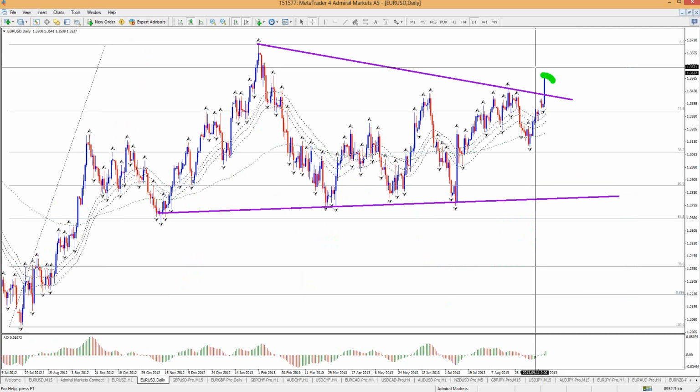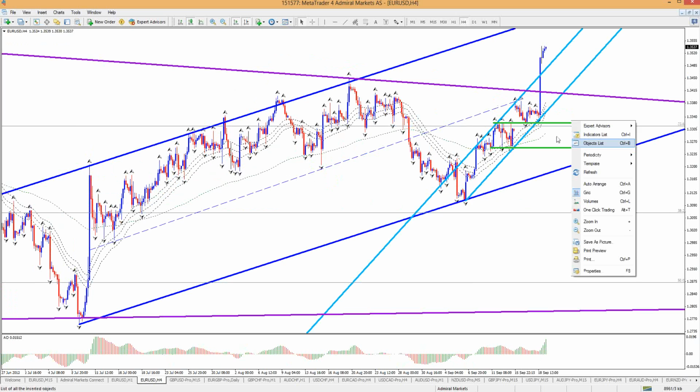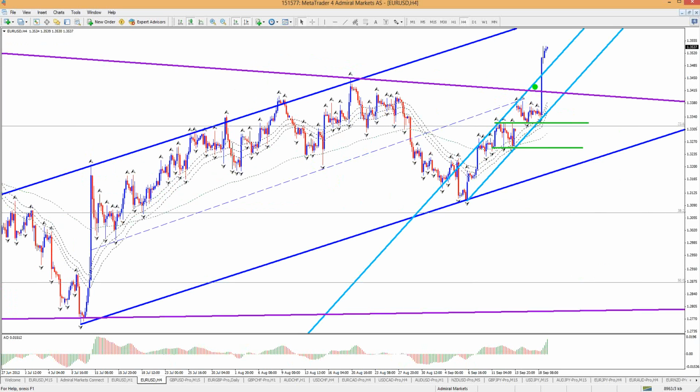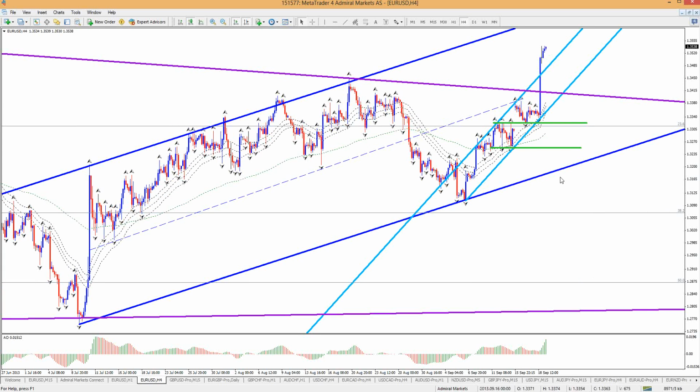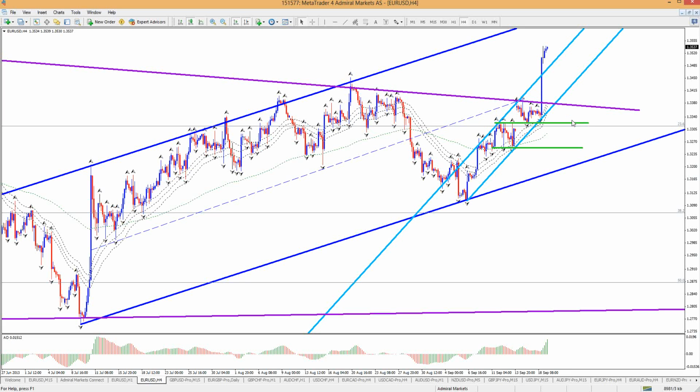So we have a daily close above. Let's zoom into the 4-hour chart. Actually, this trend channel now is in fact being broken, right? Indicating more impulse, the light blue trend channel. We can move this one a bit lower now, in fact, like this. All right.